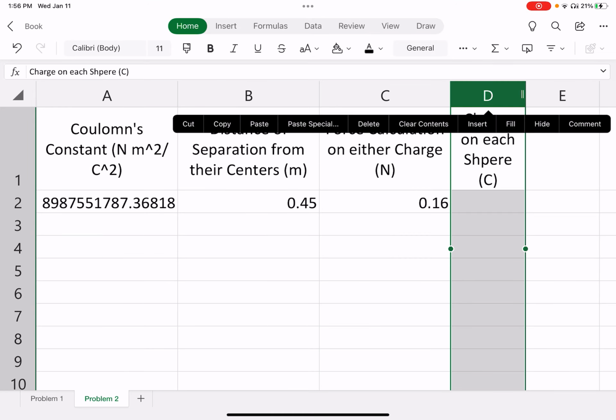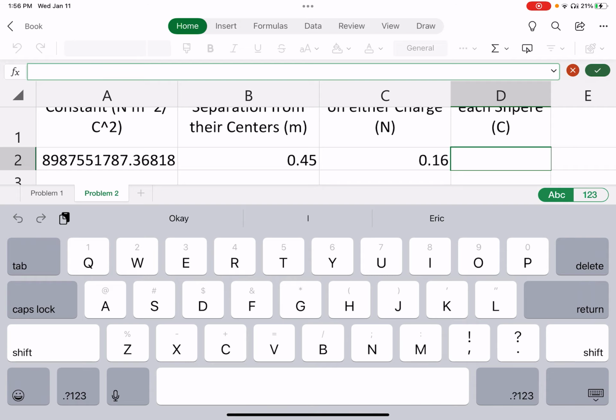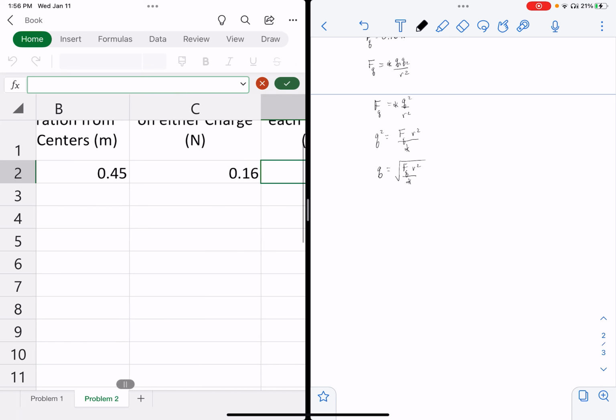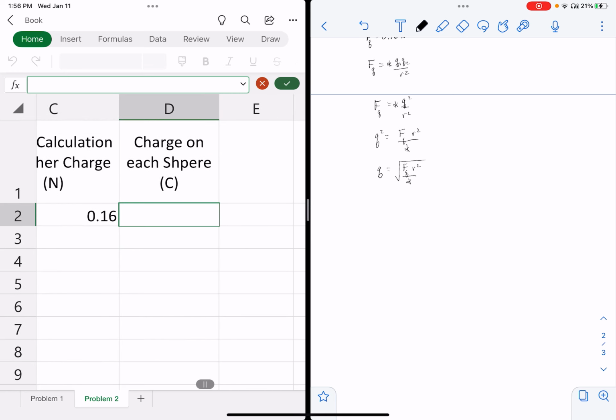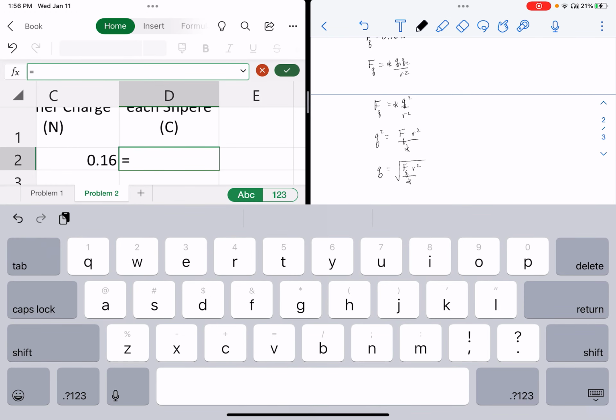All right, so we know our formula, and I can just bring that up instead of trying to guess or remember. So the formula here is going to be equal to, and I can just type in SQRT for the square root, and that's going to be of the force.